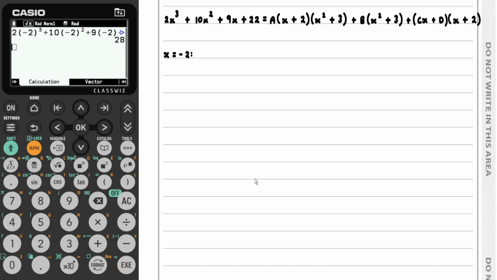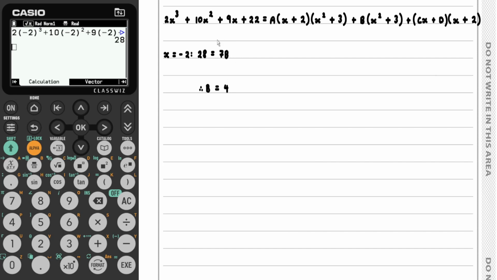It turns out on the left hand side we get 28, and on the right hand side this term disappears, this term also disappears, and we will be left with b times by negative 2 squared plus 3. So that will be b times by 7, or in other words 7b, meaning b is equal to 4.